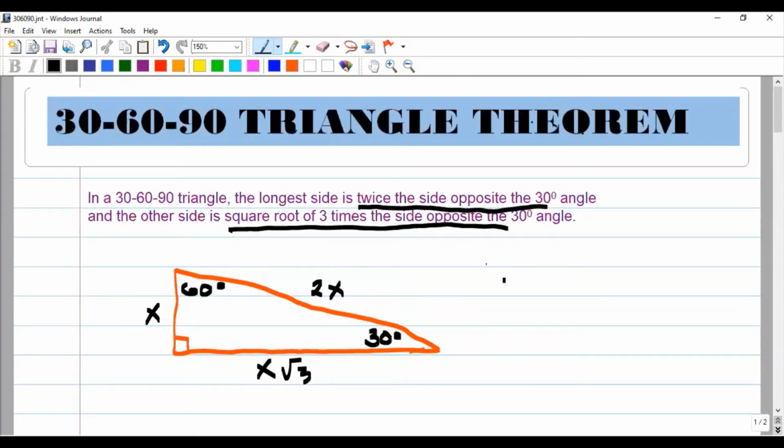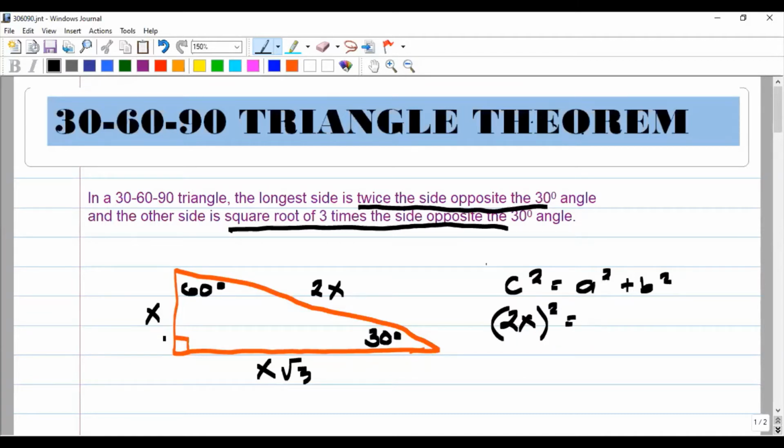We can verify using our Pythagorean theorem, which is c squared is equal to a squared plus b squared. It says here that the square of the longest side is equal to the sum of the squares of its two legs. So we have our longest side is 2x, so I square that.